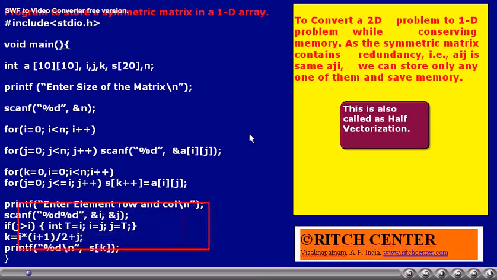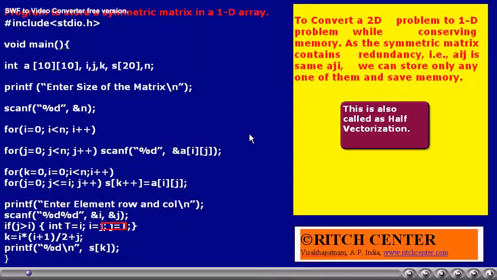So we will compare j with i. If j is greater than i, we will exchange i and j, and then we will calculate the index where the ith row jth column element of the given matrix will be in the 1D array.